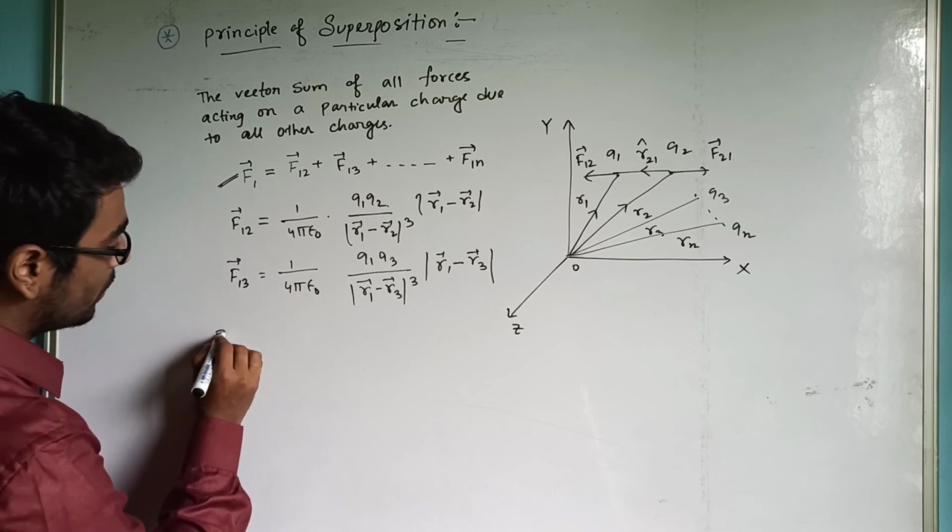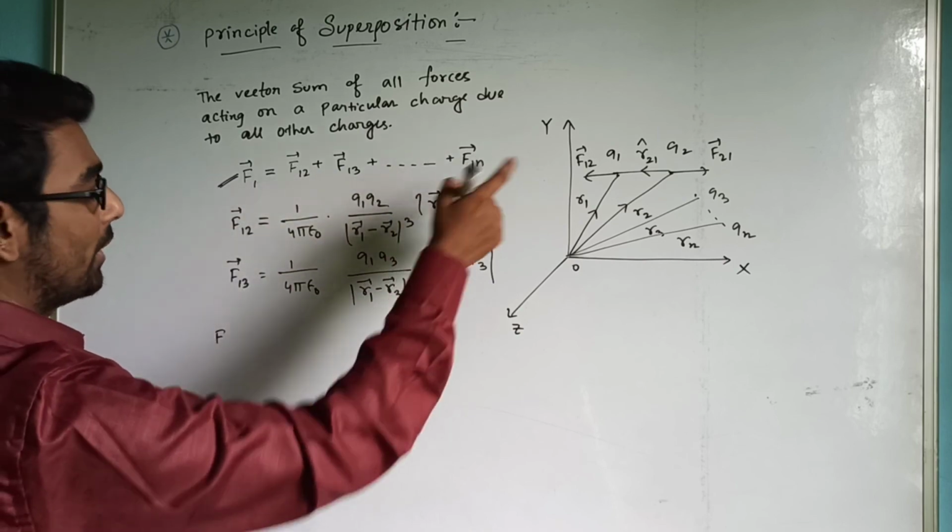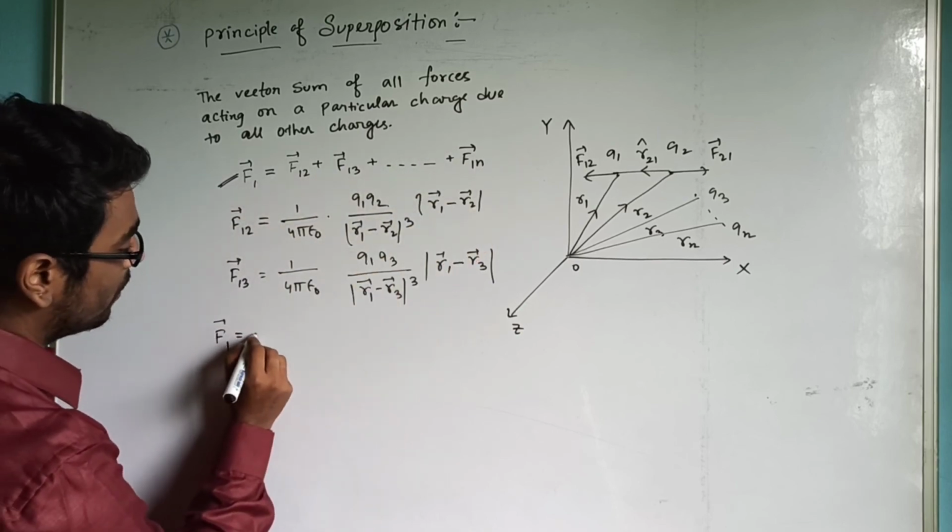So we need to put the values of F12, F13 and F1n in F1.